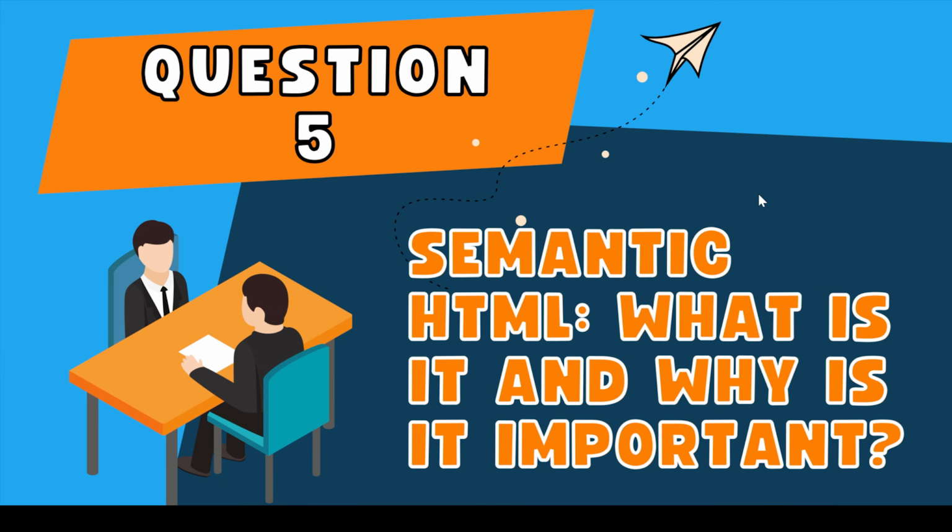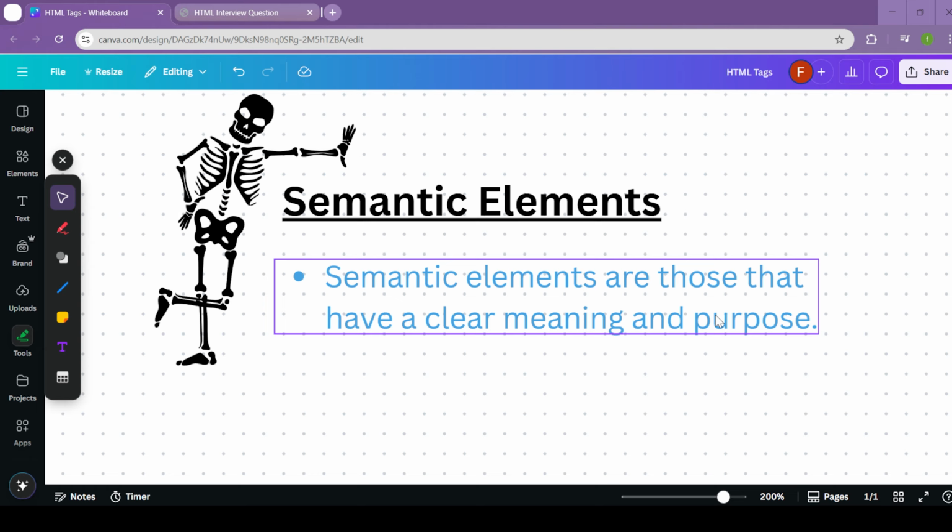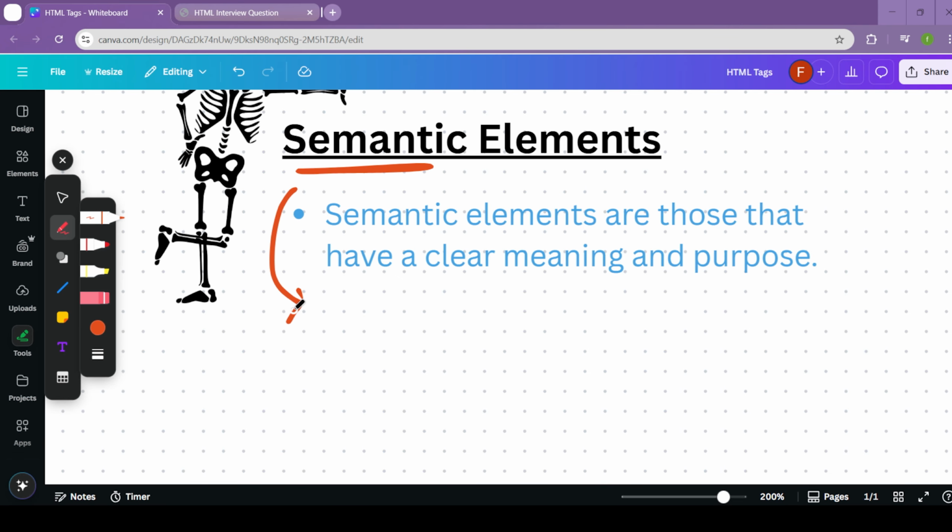The next question that we have is semantic HTML. It says, what is semantic HTML and why is it important? As you know, semantic elements are those which have a clear meaning and purpose, and they describe the role of the content inside them, which is useful for the browsers and the developers as well.